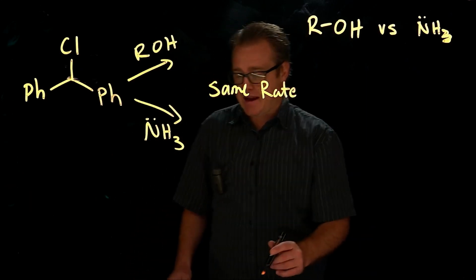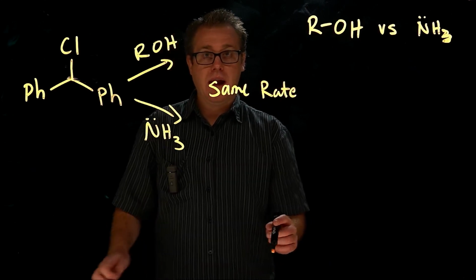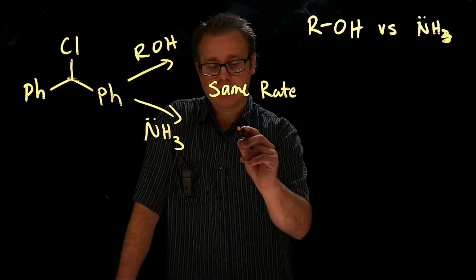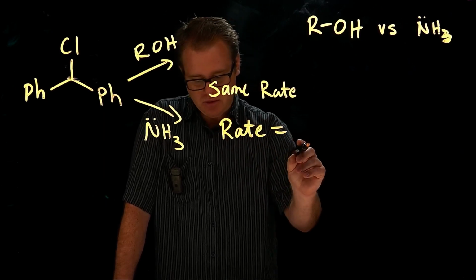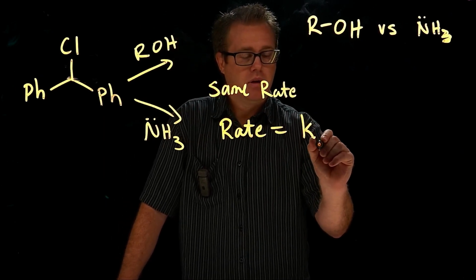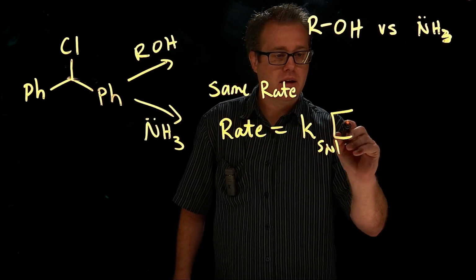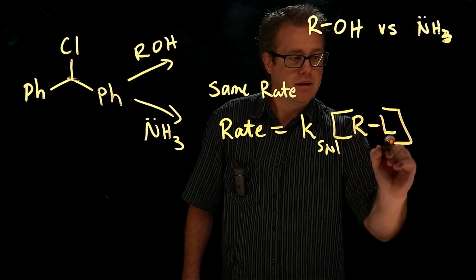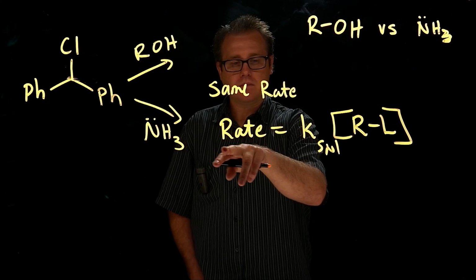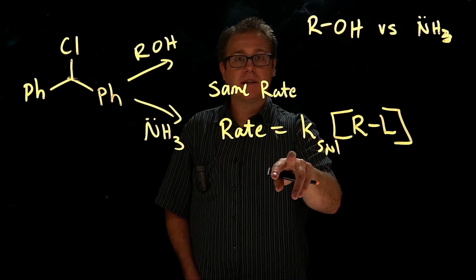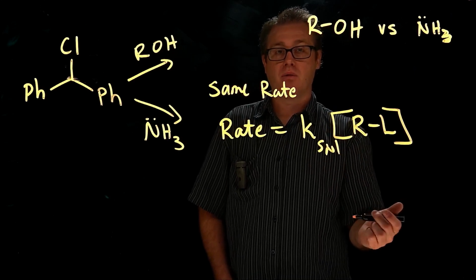And why is that the case? Because when you look at the rate law for an SN1 reaction, remember this: the rate is going to equal, for an SN1 reaction, what species is responsible for the rate?